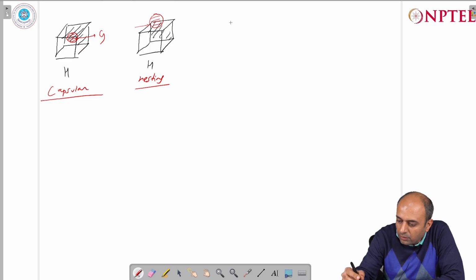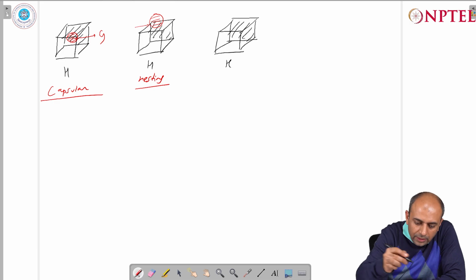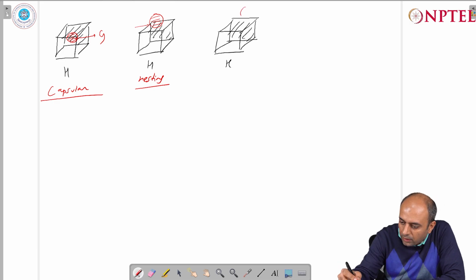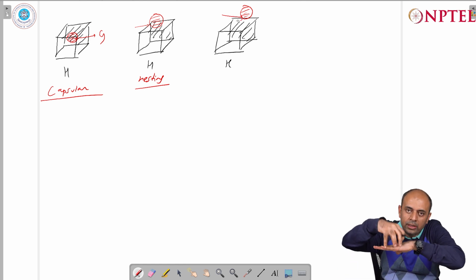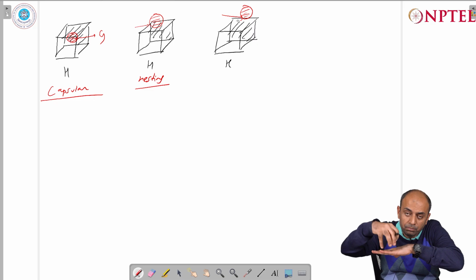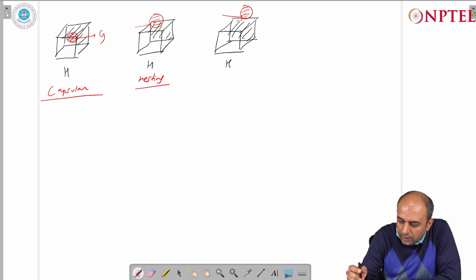In the third one, we can have the host, and now we can have the guest, which essentially sits by interacting with only the edge. It only interacts with the edge of the host molecule. This is referred to as the perching geometry.